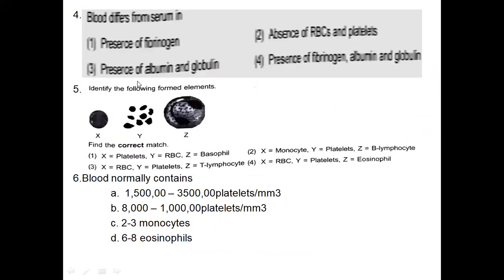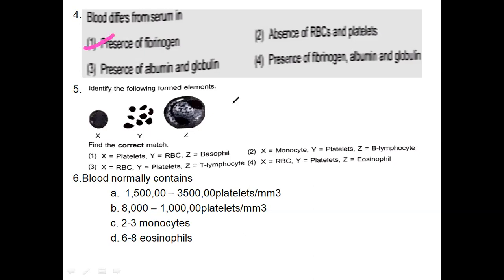Blood differs from serum in presence of fibrinogen, absence of RBC and platelets, presence of albumin and globulin, presence of fibrinogen, albumin and globulin. Blood differs from the serum in the presence of fibrinogen.